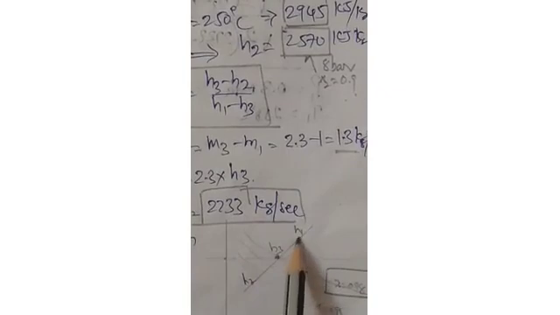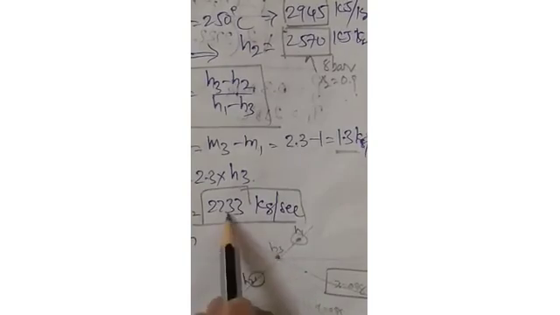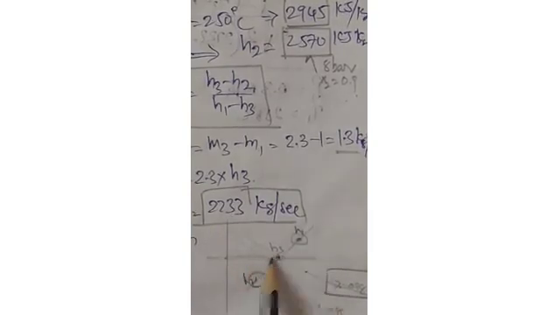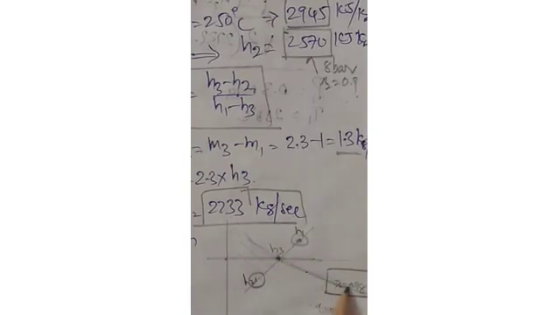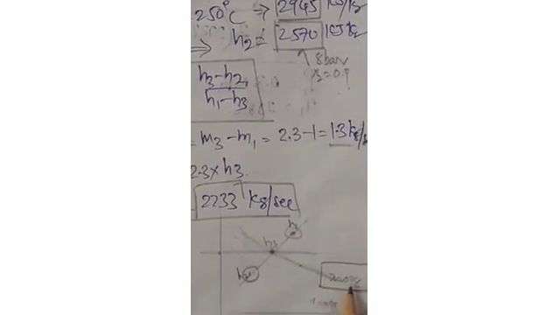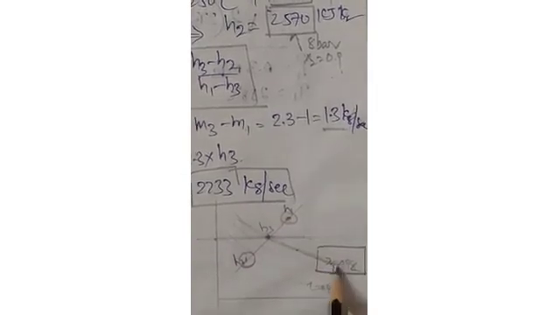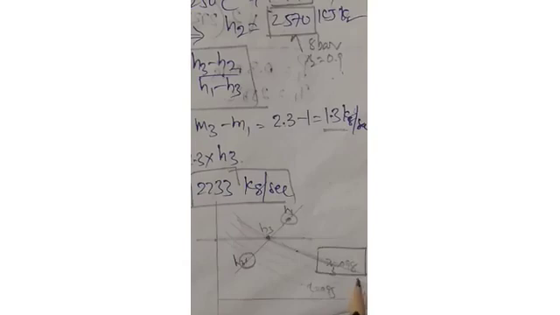Here is your H1, here is H2, and in the middle you got H3. Whichever line of X it is cutting, that point is the condition of the steam at point 3. So here we are getting X3 equal to 0.98 from the Mollier chart.